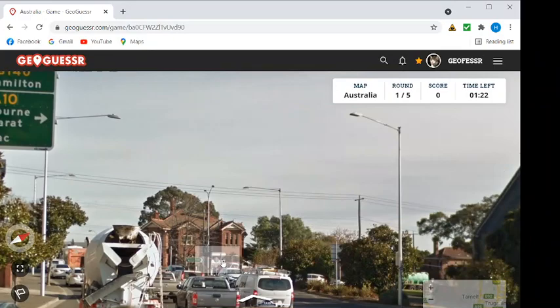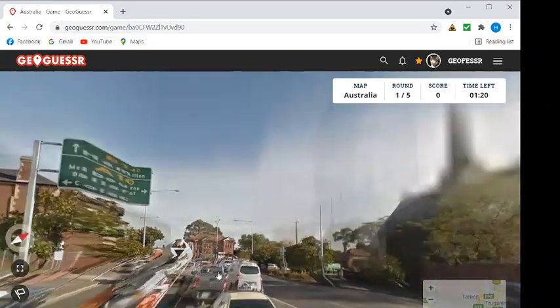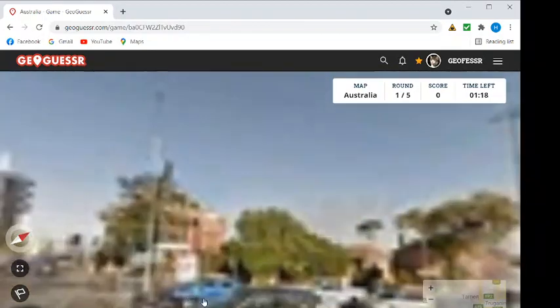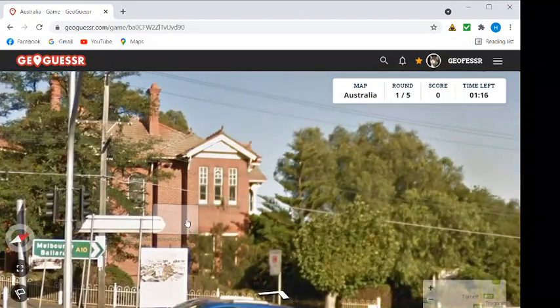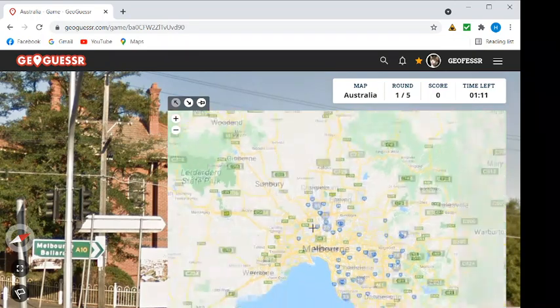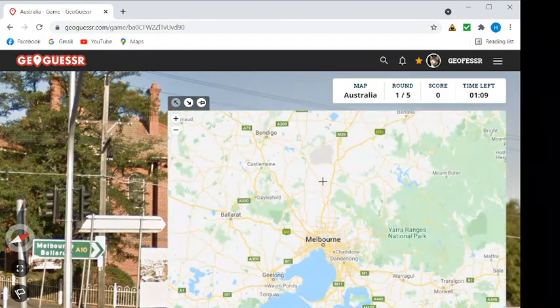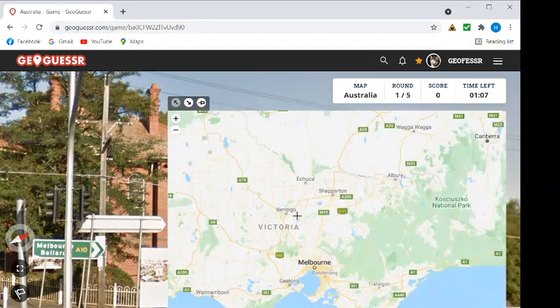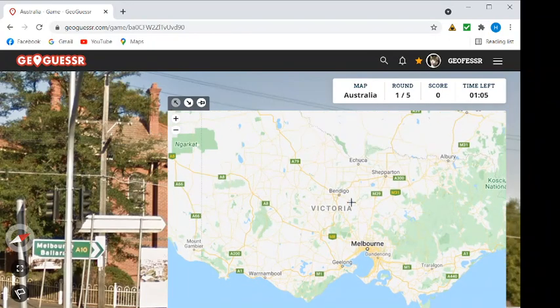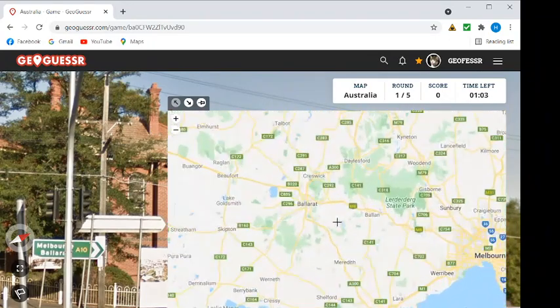Okay. Another thing, maybe this is a smaller city. We have Melbourne and Ballarat, A10. Okay, Ballarat is one of the larger towns in Victoria State. Wait, there's Bendigo, there's Ballarat.